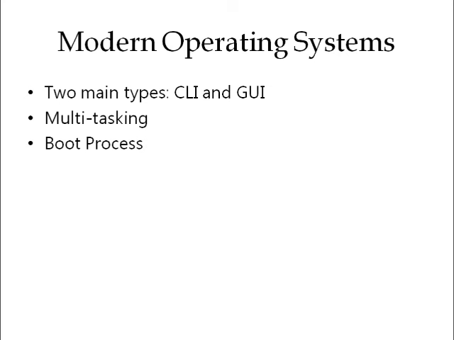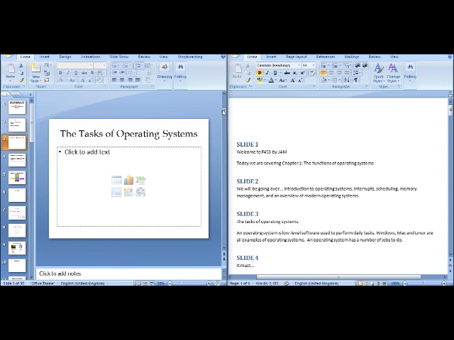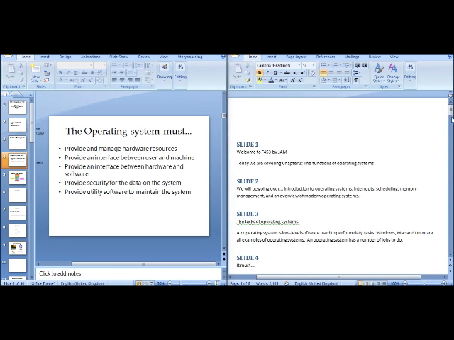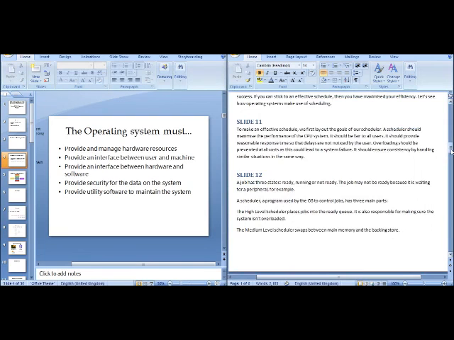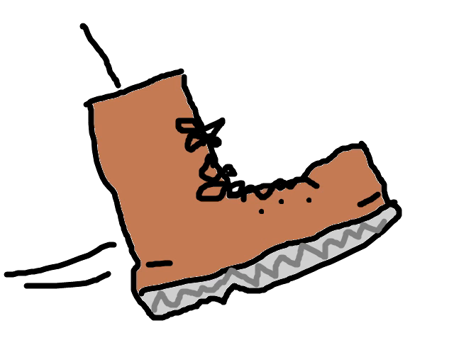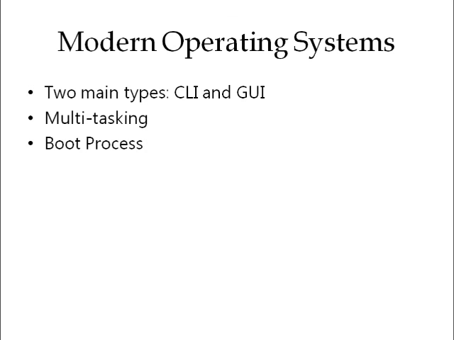MS-DOS is a command line interface. Windows has a GUI. Modern operating systems are multitasking. You can easily switch between different applications at any time. Modern operating systems undergo the boot process, a process used to initialize the computer, which we'll cover in more detail now.